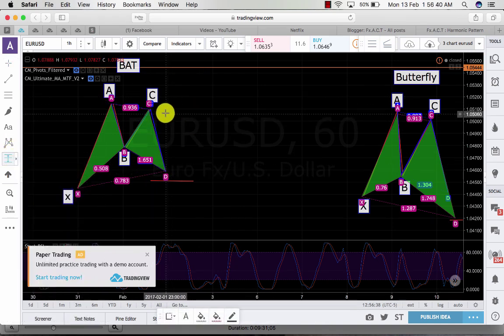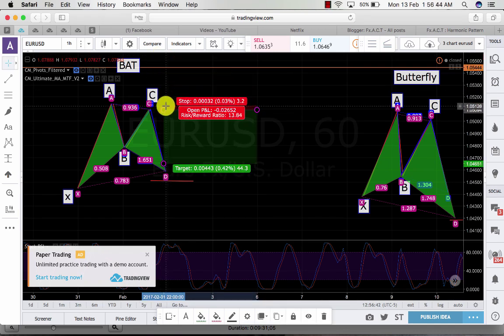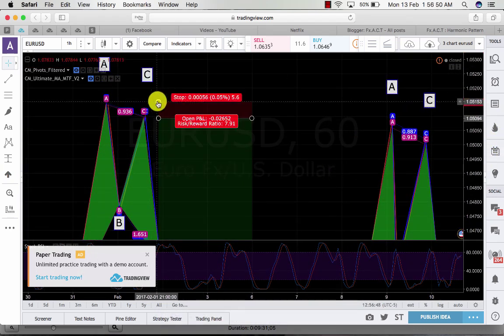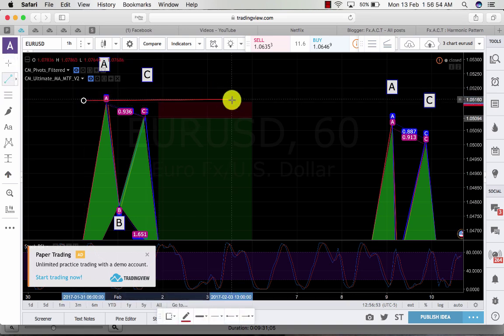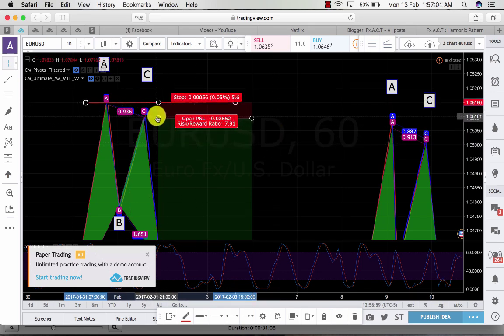From the ABCD pattern, and our stop loss will be very tight. That's it. The stop loss will be on the A, as you can see. Okay, and our start of trade is in this one.